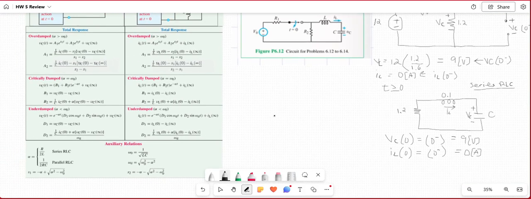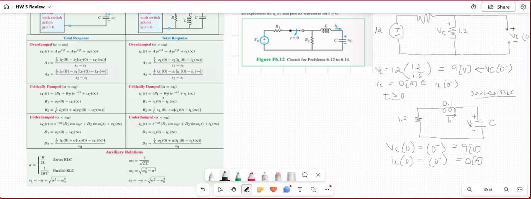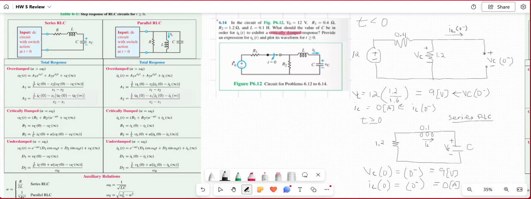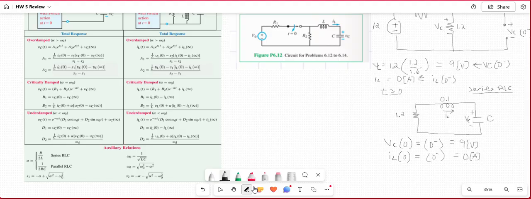Something you'll notice in all the equations over here is that this one is IL of t. When you need to solve for that, you look at these equations, and you'll notice that all of them ask for VL of 0.